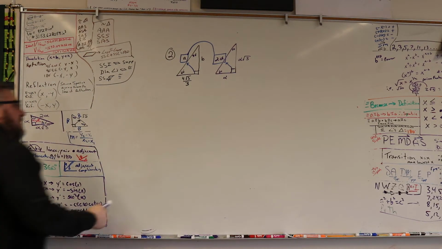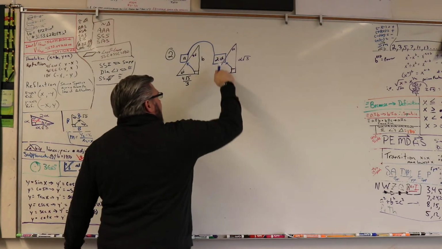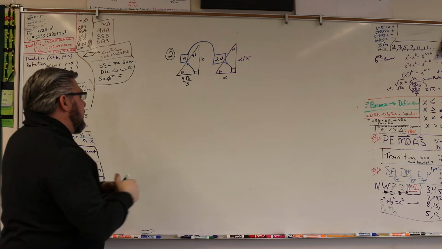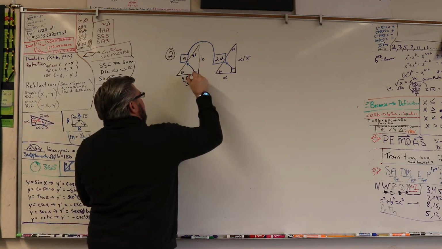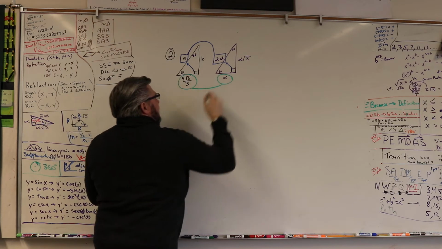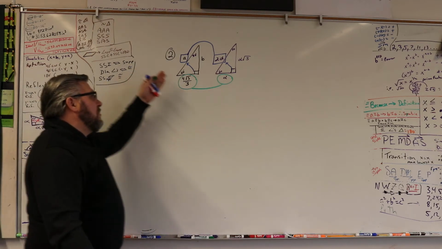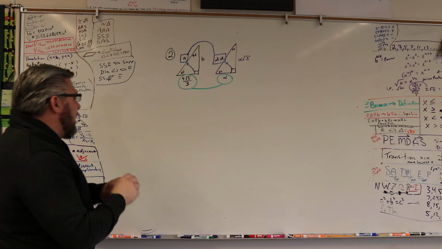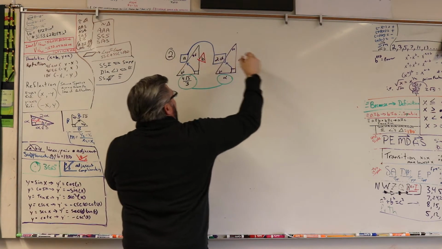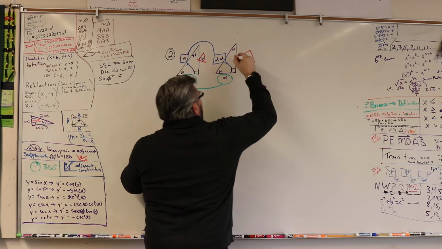And that ratio is the same on each side, right? So that means that this side is the same as this side. So the green goes to the green, the blue to the blue, and the red goes to the red. Okay?